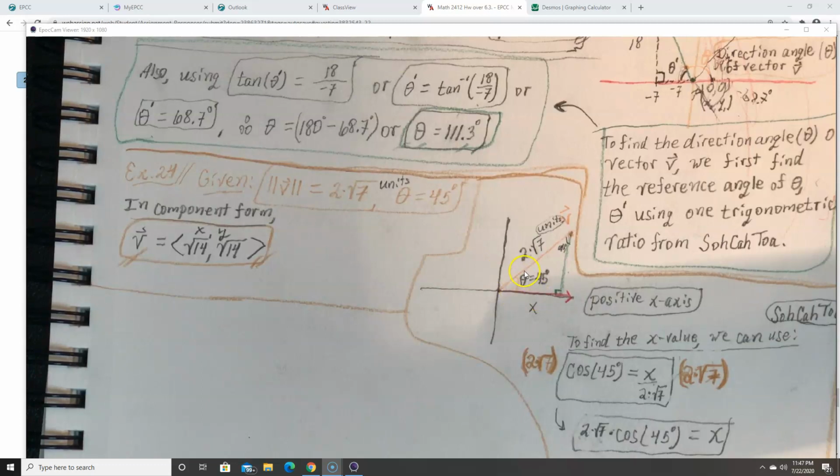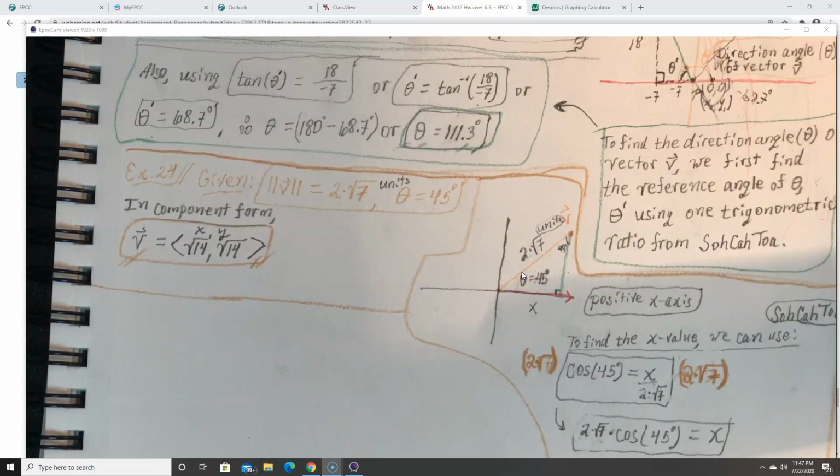So let's see, we have 45, we have the hypotenuse, we need the opposite, and we need the adjacent to the reference angle of 45. So just find one of them and then you have both of them, because again they have to be the same, only because it's a 45.